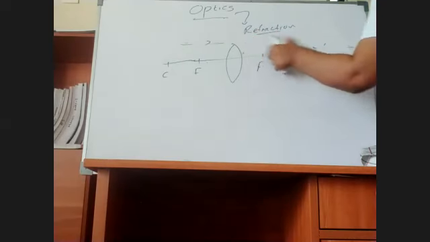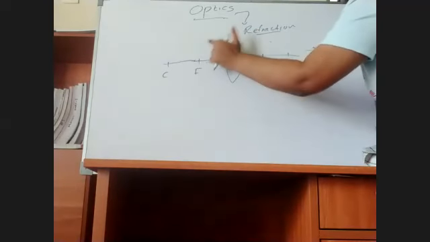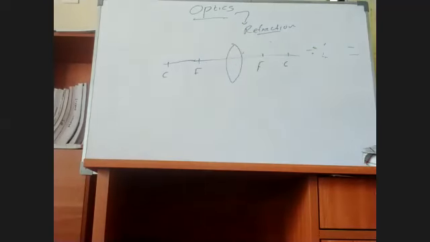Okay. So now, when we are drawing ray diagrams, first, what does a ray diagram mean? We draw ray diagrams to determine the place of formation of the image when we place some object in front of this lens. We will be drawing the ray diagrams by keeping the object at different places.